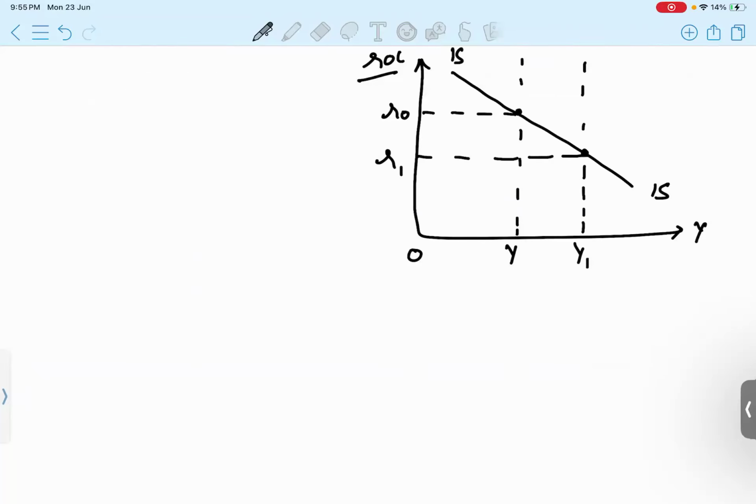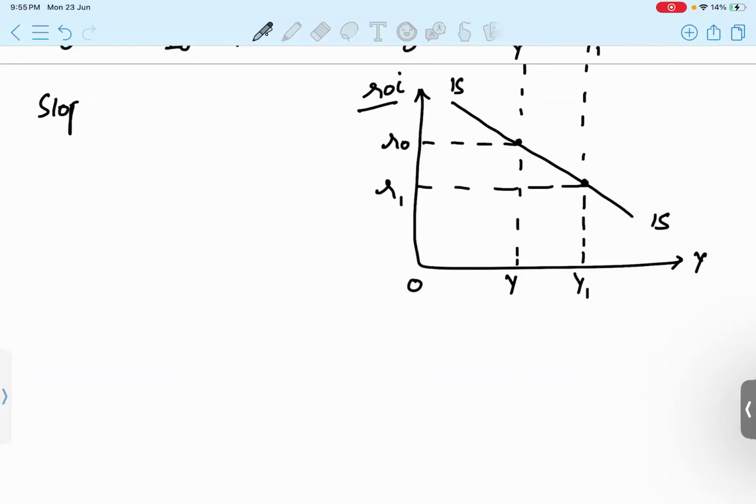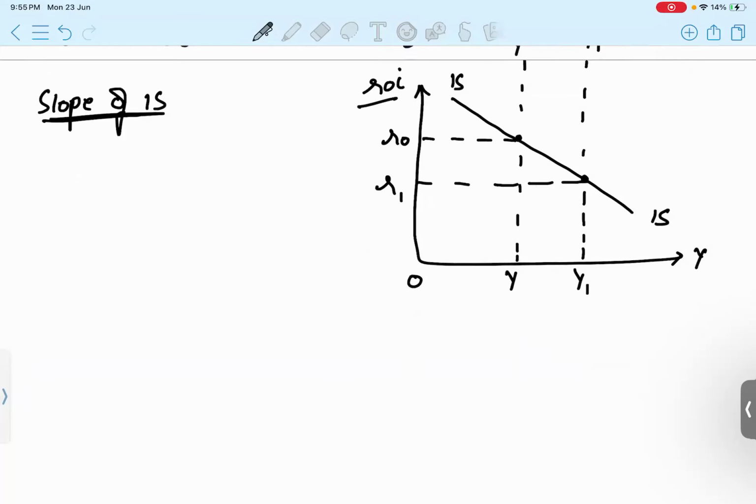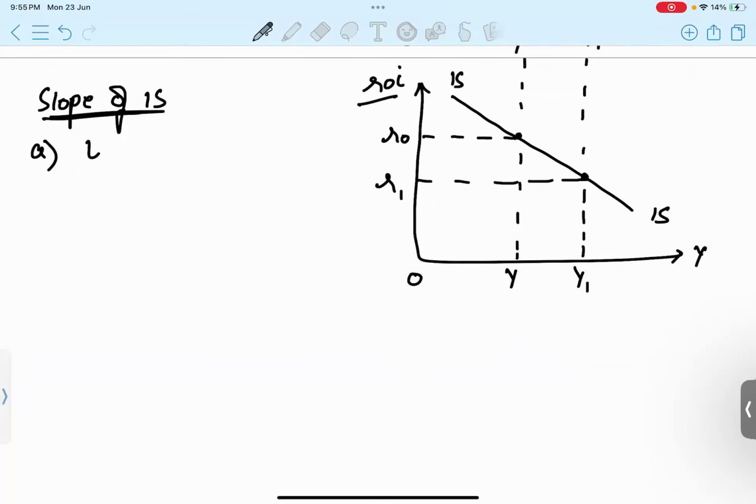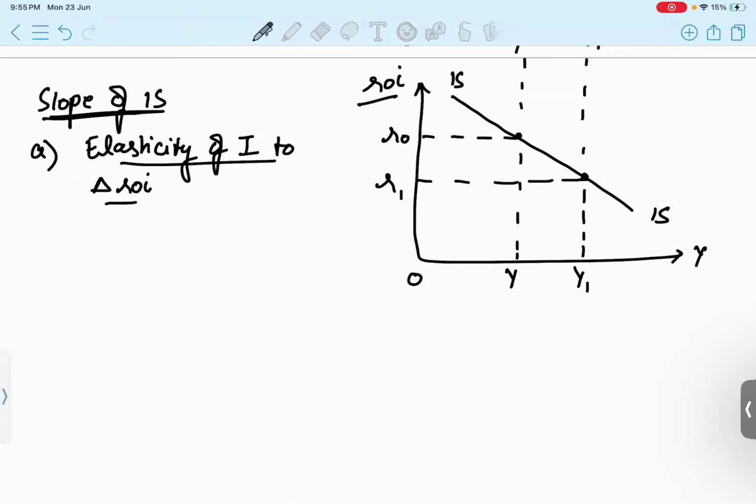When it comes to the slope of the IS curve, what are the factors and how is it affected? So the first is the elasticity of the investment demand curve to, again, changes in the rate of interest, because the investment and rate of interest relationship is the most common that we study and understand.